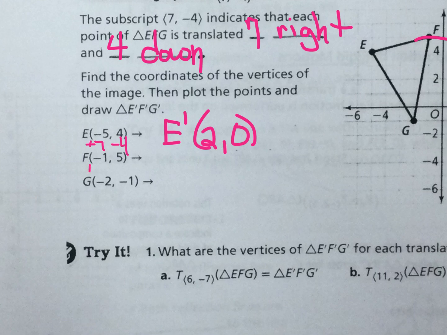So we could do that on each one of these. Plus 7, it's going to give me 6, minus 4, it's going to give me 1. Plus 7 is going to give me 5. Subtract 4, and I get negative 5.